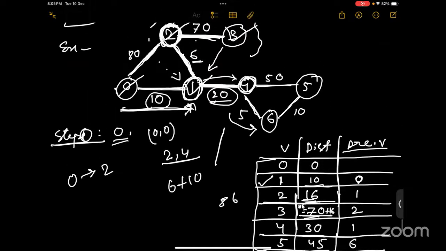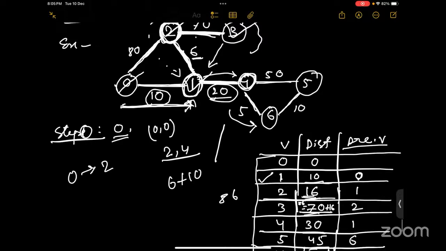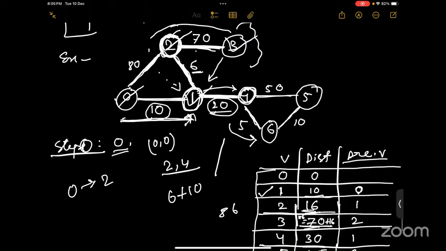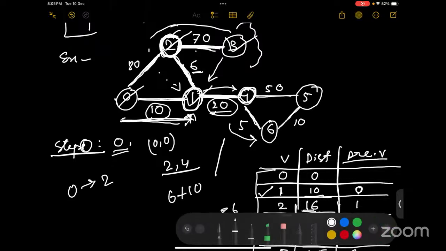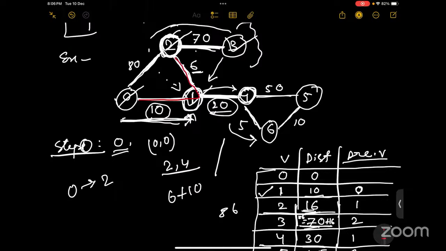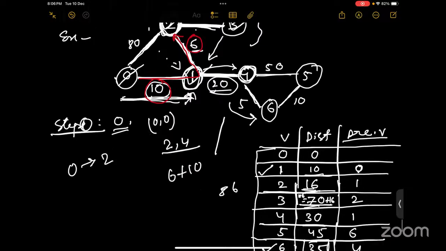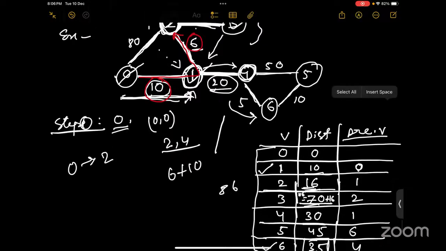Why? We are considering the shortest distance. So we are going through this path. Let me use another color. We are following this path, so we will add this respective distance. Whenever we do this, for the vertex, you are following the shortest path.